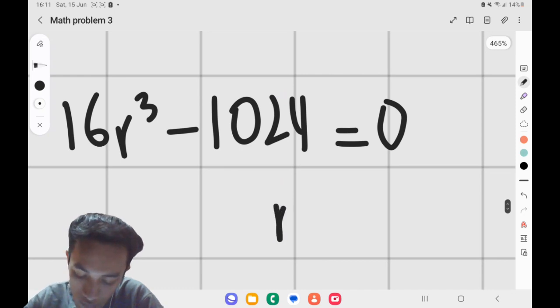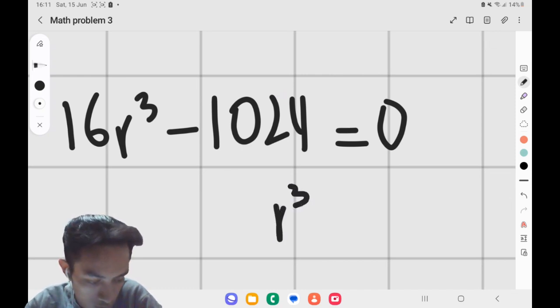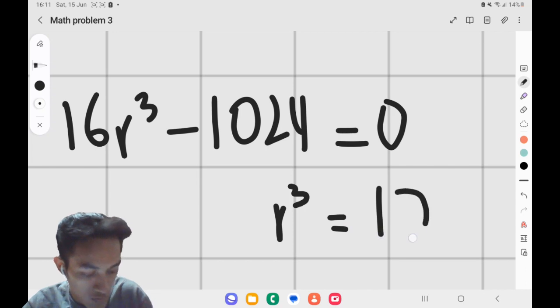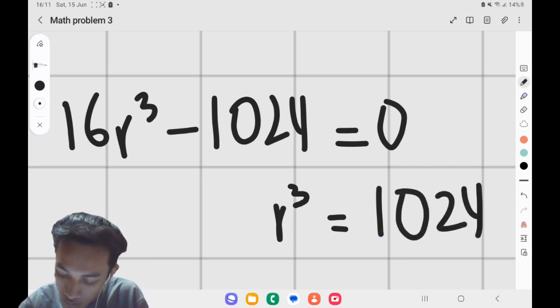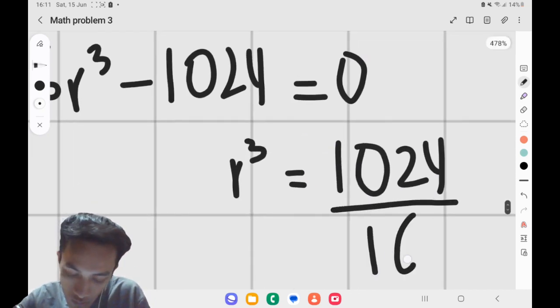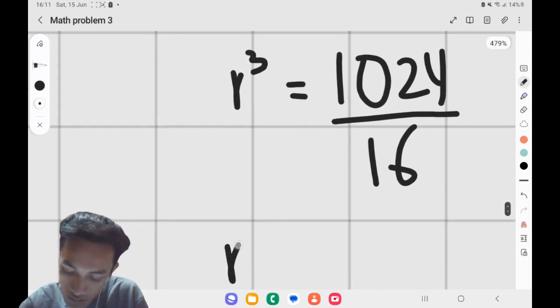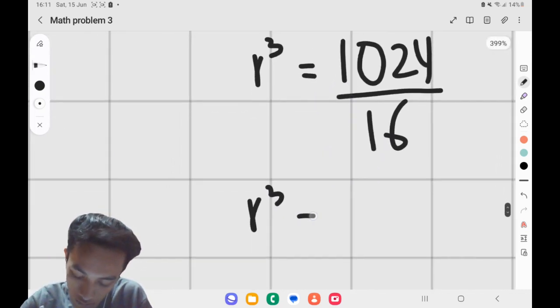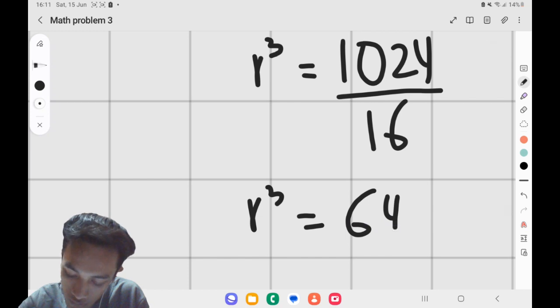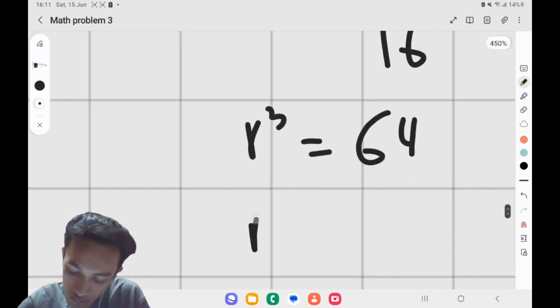So r cube is equal to 1024 over 16. So we got r cube equal to 64. So r is equal to 4.